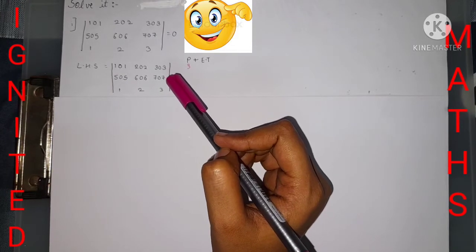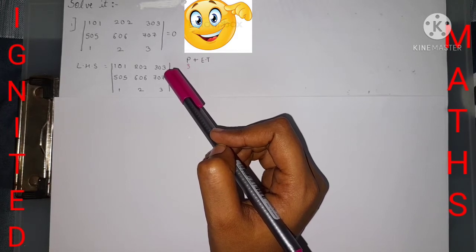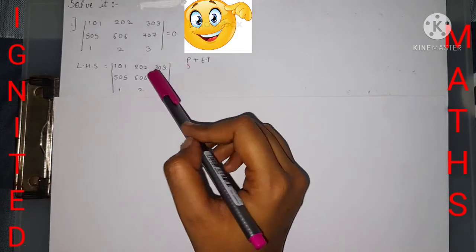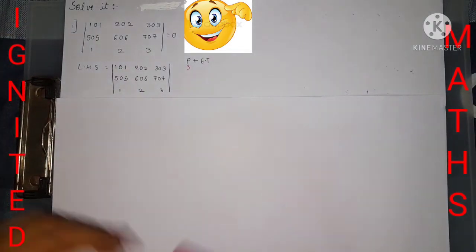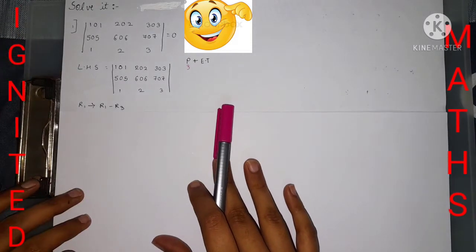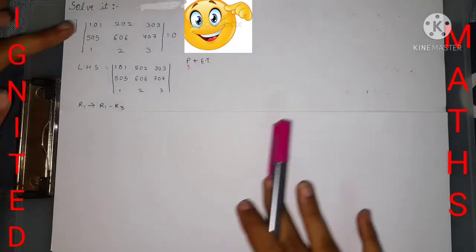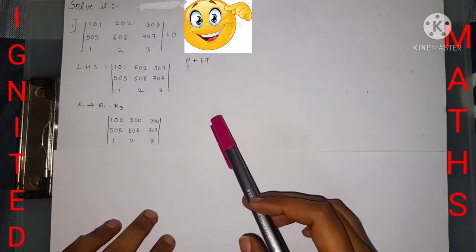Just relate each of them with the rows, either two rows or two columns. So I'm going to do the operation row 1 minus row 3. If I operate it, then I will get the answer as this one, right?